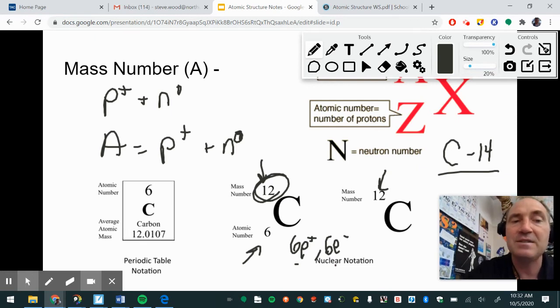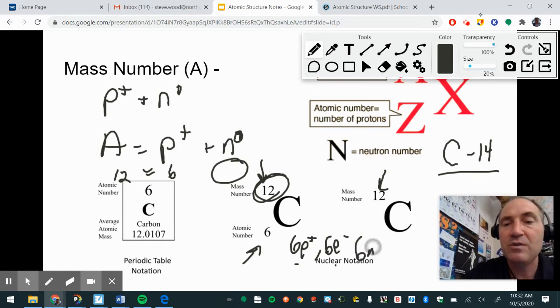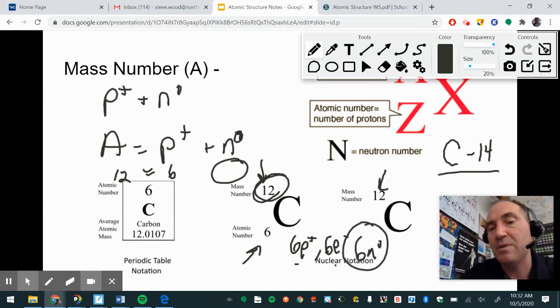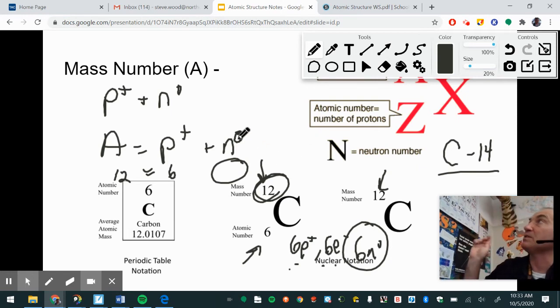And to find the number of neutrons, if I'm given the mass number and the atomic number, so the mass number is 12 and the atomic number is 6, do you see that the number of neutrons would be 6? Now, usually this number is not always the same as these two. In fact, most of the time it's different, but sometimes in smaller atoms, they're the same. Okay, so you're going to have to find the atomic number, which is that blue number on your chart.